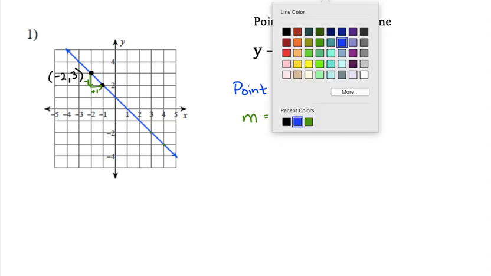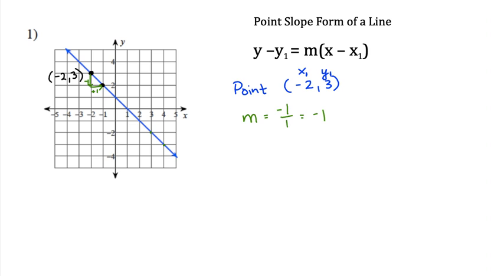So I'm going to go ahead and just fill in the values in the equation. So the slope we said was -1, so I'm going to put that where the slope is. The point x1 and y1 are right here in the equation, so I'm going to just fill those in.